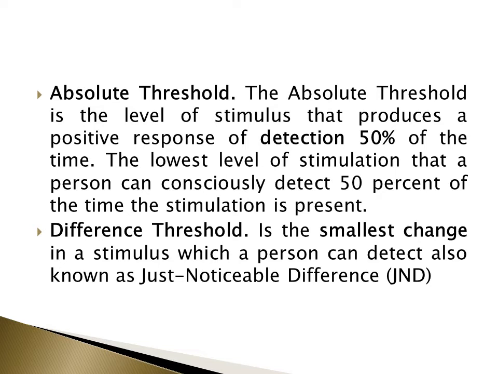Absolute threshold is the level of stimulus that produces a positive response of detection 50% of the time. The lowest level of stimulation that a person can consciously detect 50% of the time the stimulation is present. So absolute threshold is the active detection of the stimulus.